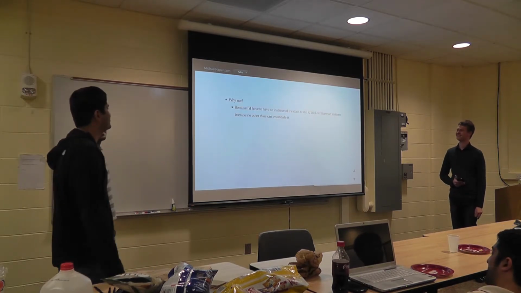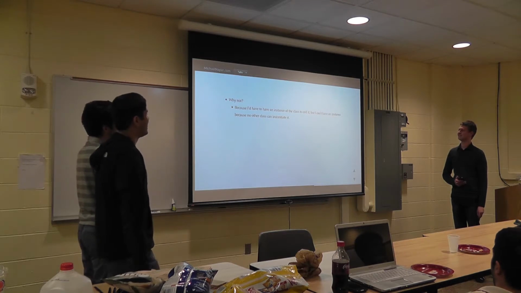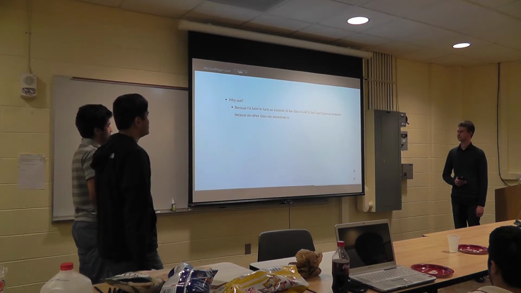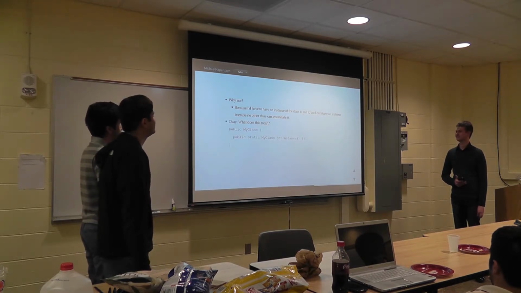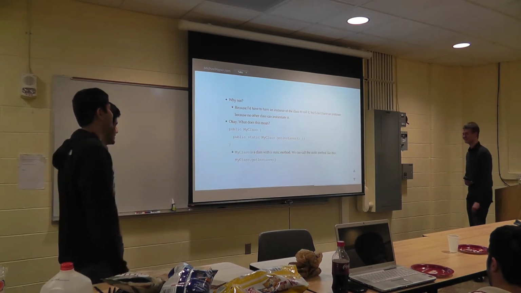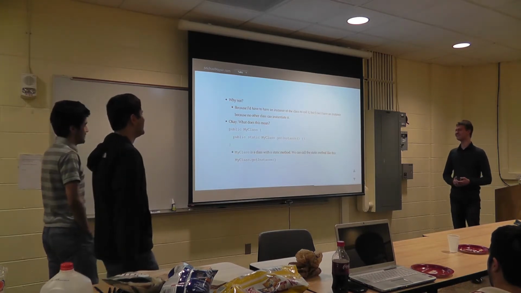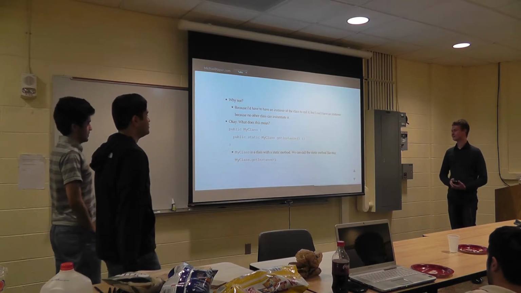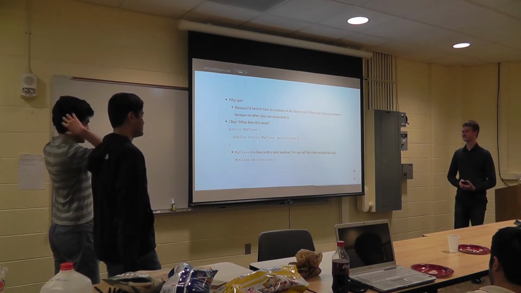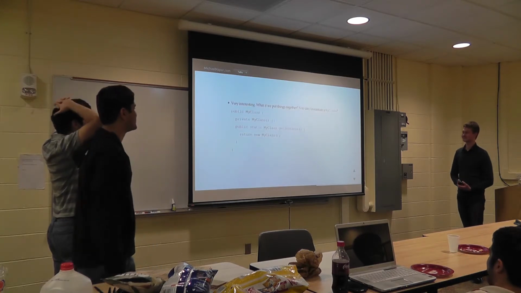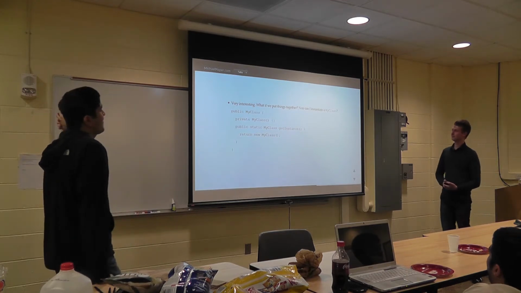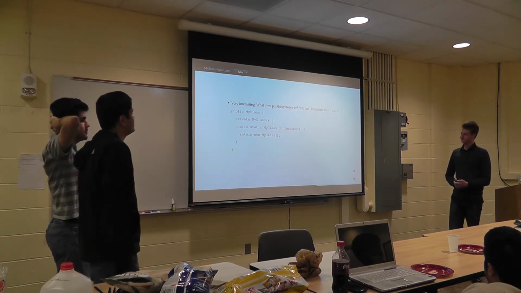Why not? Because I'd have to have an instance of the class to call it, but I can't have an instance because no other class can instantiate it. Okay, what does this mean? MyClass is a class with a static method. We can call the static method like this: MyClass.getInstance(). Very interesting. What if we put things together? Now, can I instantiate MyClass?